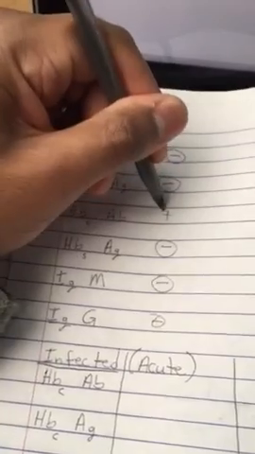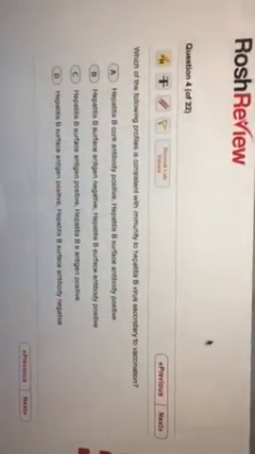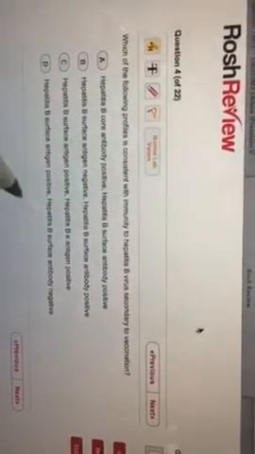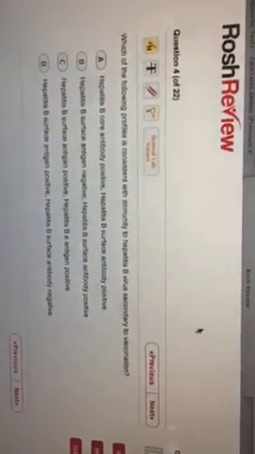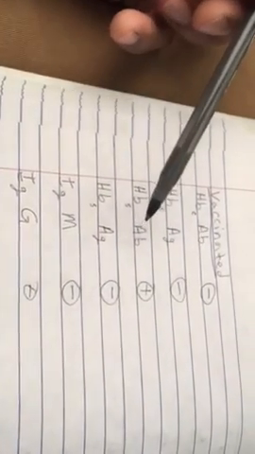That lets me know you received the vaccination and now you have an immunity to that specific virus, right? And here I've even taken the liberty of popping up a question. Notice it says, which of the following profiles is consistent with having immunity because you were vaccinated? Right away, the only thing that should be positive is the surface antibody.